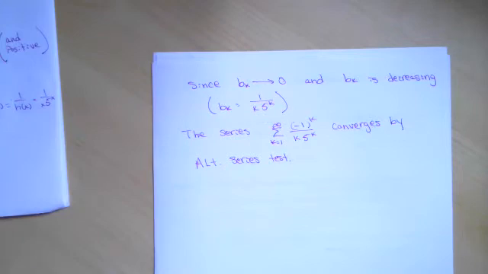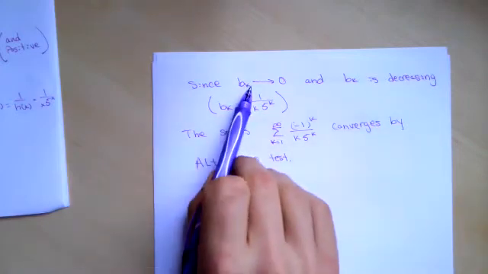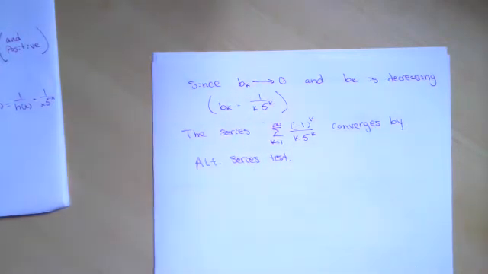That's a pretty quick argument. Or you could take a derivative, a little bit longer, some technical work there, and then argue that on our domain 1 to infinity, I plug in any of those positive numbers, the derivative is going to be negative. So therefore, the function is decreasing. And of course, once we have decreasing and terms going to 0, we just conclude that it converges by the alternating series test.